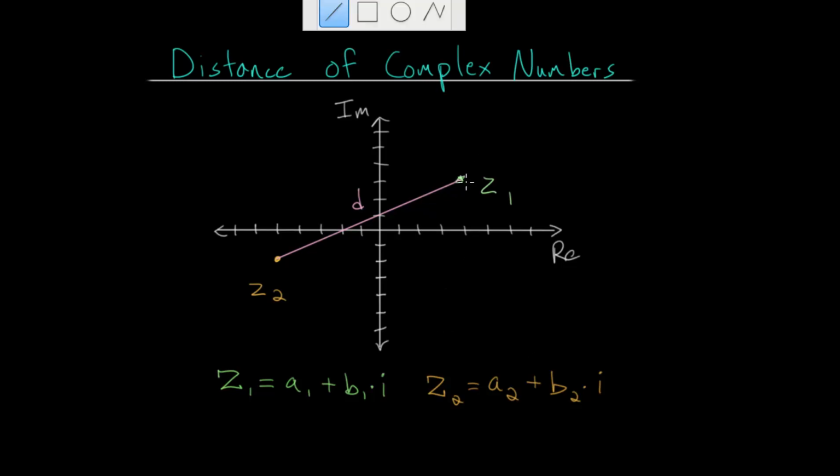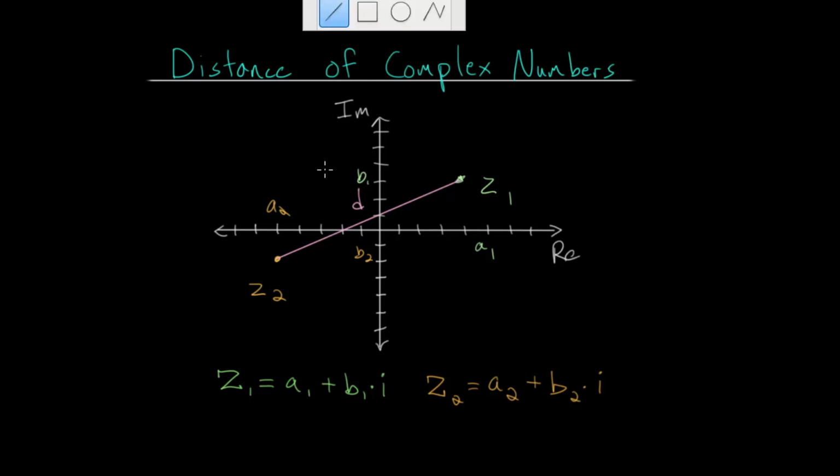So we can drop a vertical line here and connect that to a horizontal line going to point Z2. So the vertical line starts with an imaginary value. Let me label these. This would have an imaginary part of b1 and a real part of a1. And for Z2, this would have a real part of a2 and an imaginary part of b2.